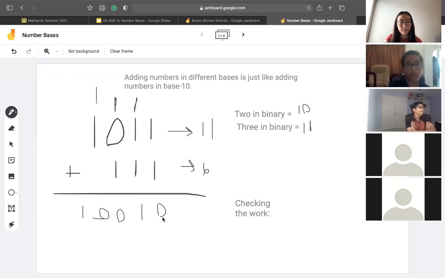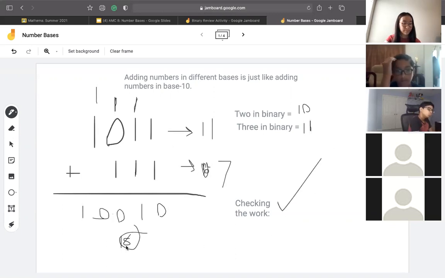And then this number here is, okay, wait, maybe I messed up. No, wait. This is 1, 2, 4, 8, 16, so this would be 18. Okay, yeah, I messed up. This is not a 6, this is a 7. So now we're doing 11 plus 7, and we got 18. So that means this method definitely works. Check. See?